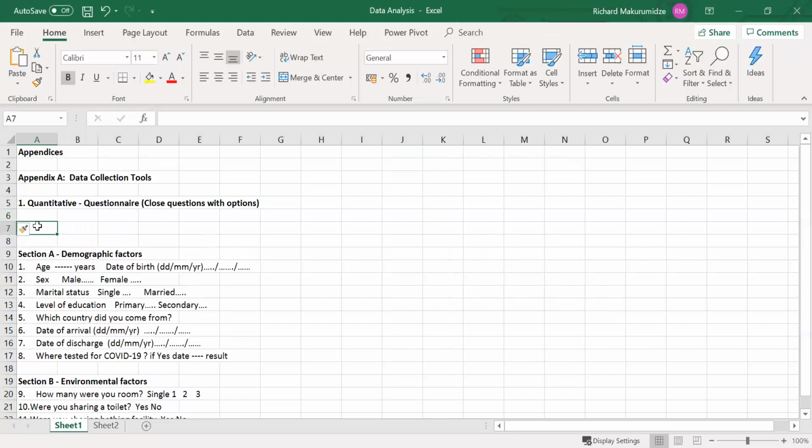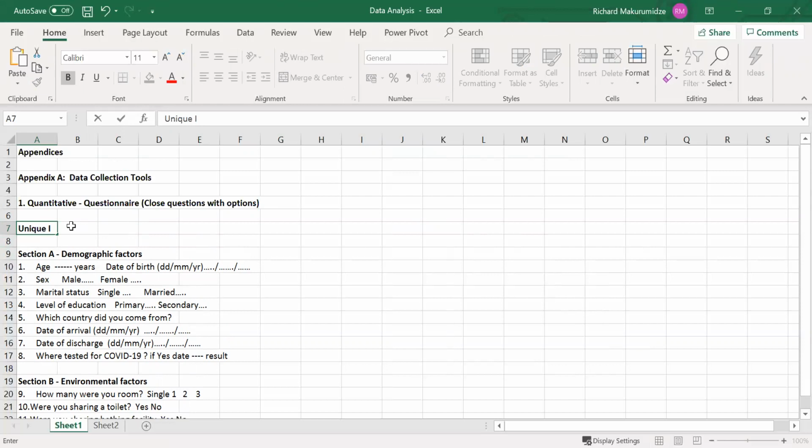You need to make sure every questionnaire has a unique number to identify each person, and each participant should have a unique number. So there's a unique ID.